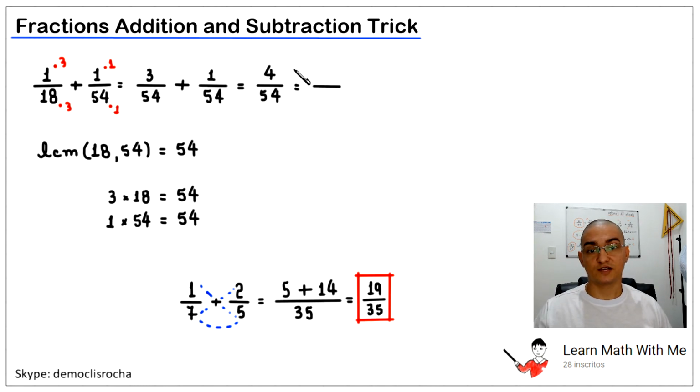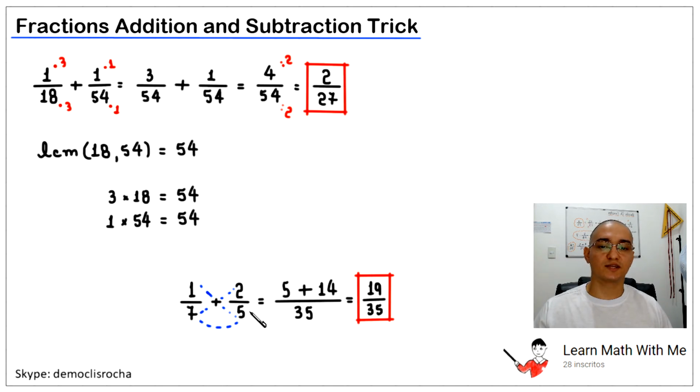To simplify this fraction, I noticed that both 4 and 54 are divisible by 2. So I will divide both the top number and the bottom number by 2, so I can find the simplest form of the result. 4 divided by 2 equals 2, and 54 divided by 2 equals 27. So this is the simplest form of our result.